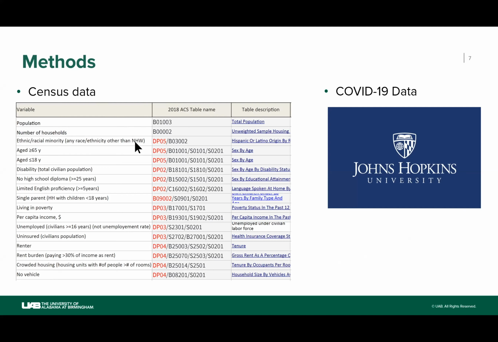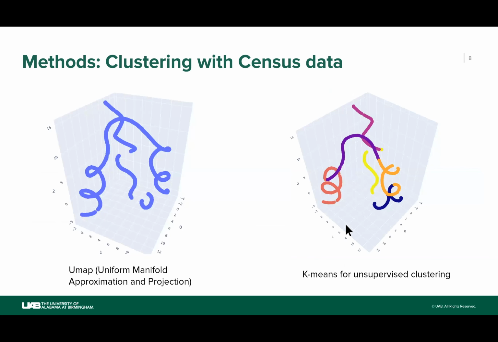We had percentage population belonging to the racial minority, age distribution, disability within the county population, education, and English proficiency, percentage people living in poverty, what's the per capita income, the unemployment status, uninsured, and some housing-related parameters as well. And the COVID data was primarily used from Johns Hopkins. I'll hand it over to Vivek to explain this part.